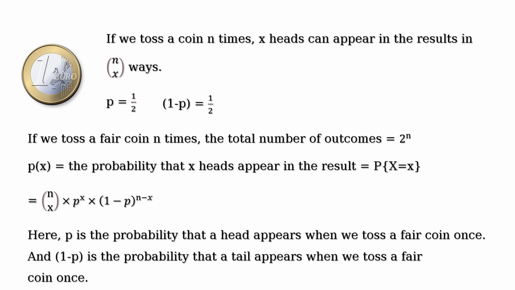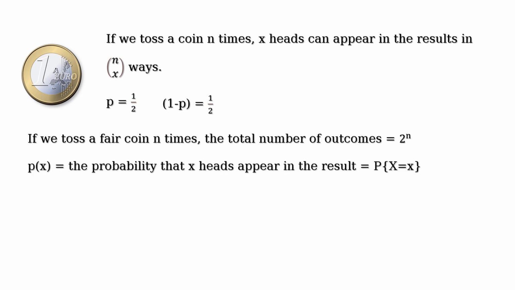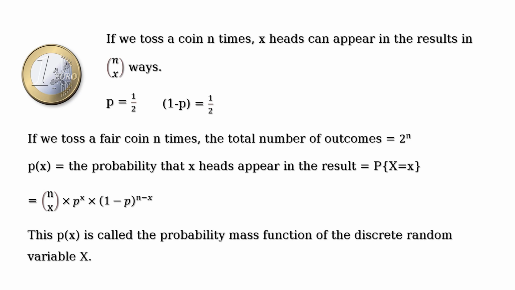Here, p is the probability that a head appears when we toss a fair coin once, and 1 minus p is the probability that a tail appears when we toss a fair coin once. So, we can say that if Px is the probability of getting x number of heads while we toss a coin n times, then Px can be written as nCx into p to the power x into 1 minus p to the power n minus x. This Px is called the probability mass function of the discrete random variable capital X.